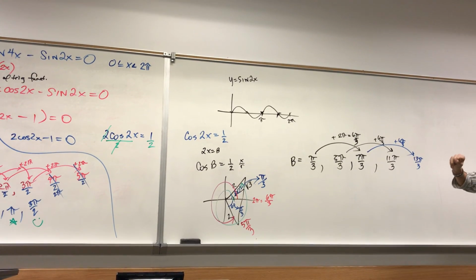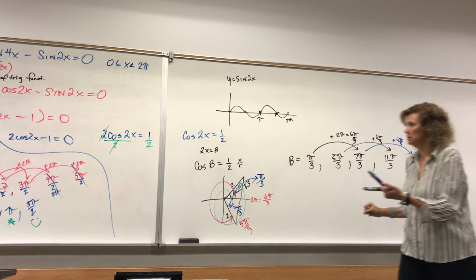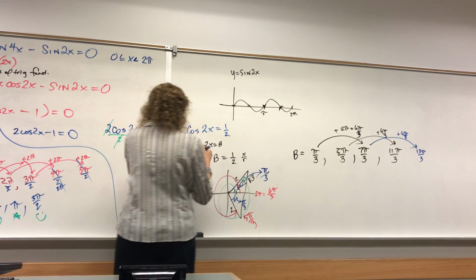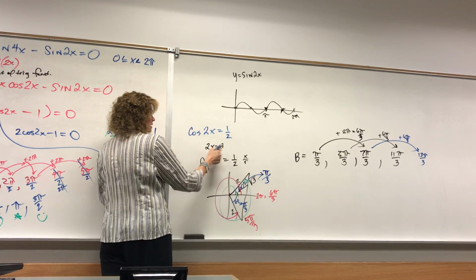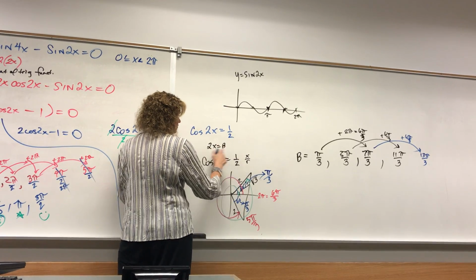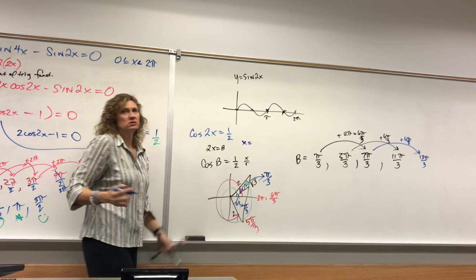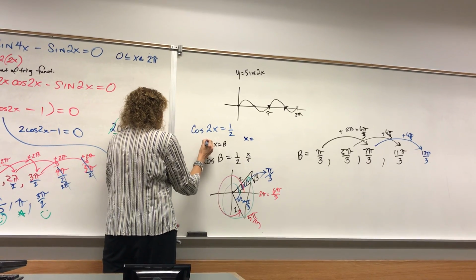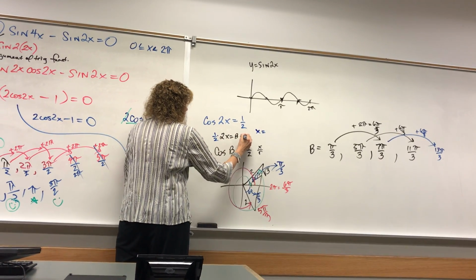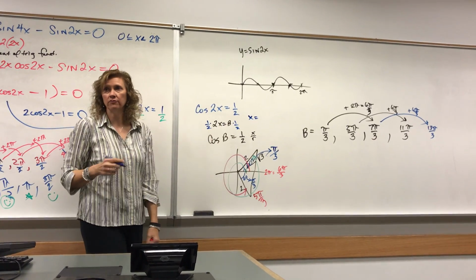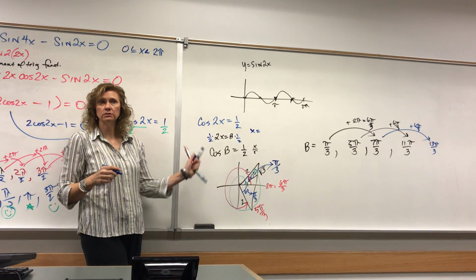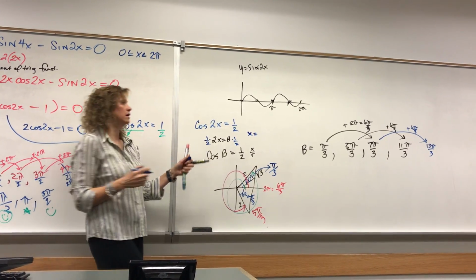We need to get to X. Let's go blue. 2x is equal to b, so that means if I divide by 2, I don't want to take those fractions and divide by 2. I'd rather think of multiply by a half.